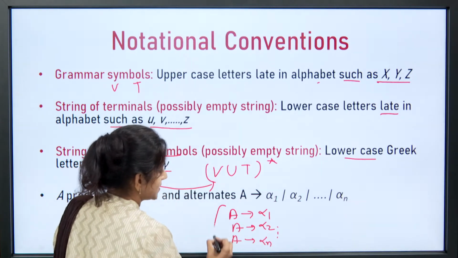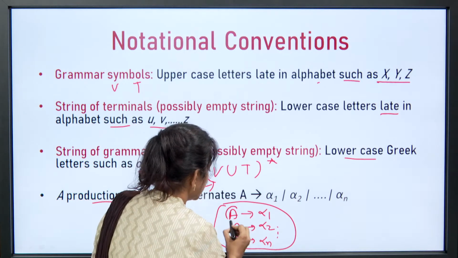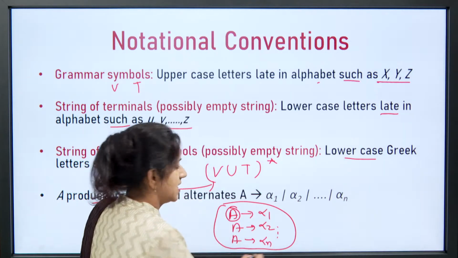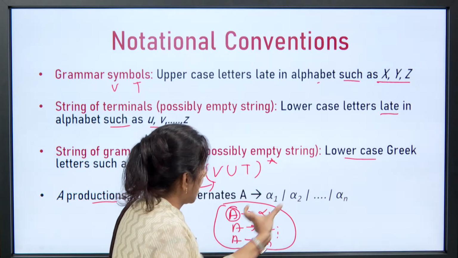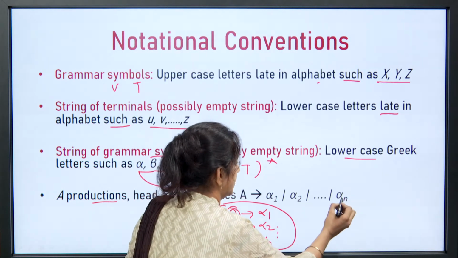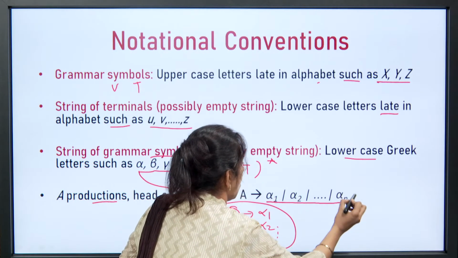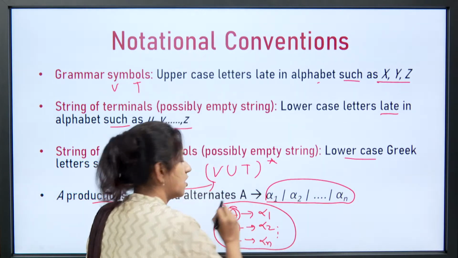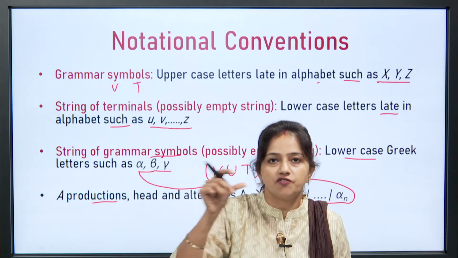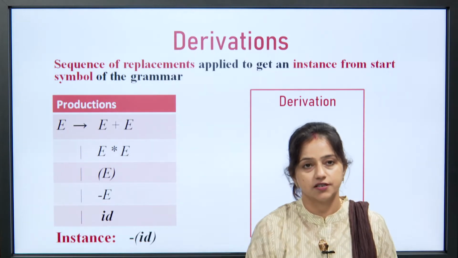This whole set is called A production, where A is called the head of production, and this group can be written like this also, A to alpha 1, alpha 2, alpha 3, like this. So, alpha 1, alpha 2, alpha n, they are all called alternates of capital A. Capital A can be replaced by any one of its alternates. So, these are certain notational conventions.